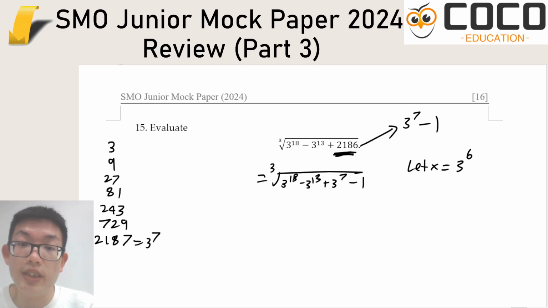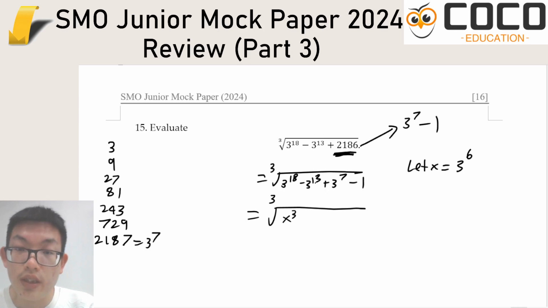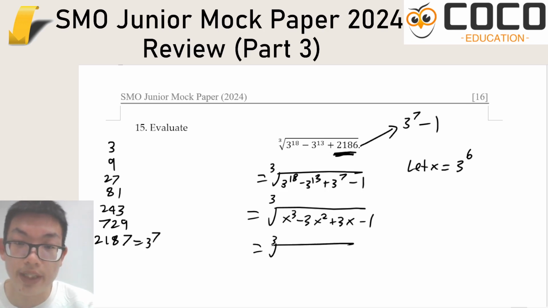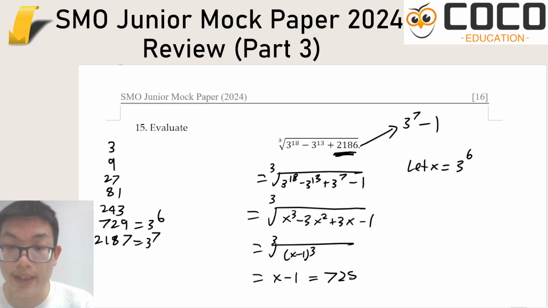I'll pick 6, because 18 is 6 times 3, and I'm cube rooting, so it makes sense to start off with x cubed. 13 is x squared and an extra 3. 3 to the 7 means x and an extra 3. And hopefully at this point you recognize that this is just (x minus 1) cubed. So therefore, 3 to the power of 6, remember, is 729. So your answer is 728.